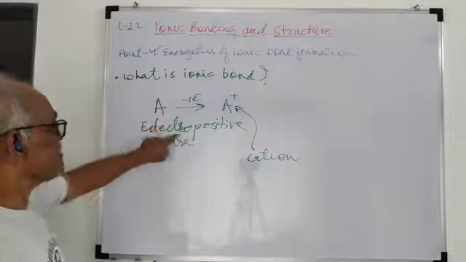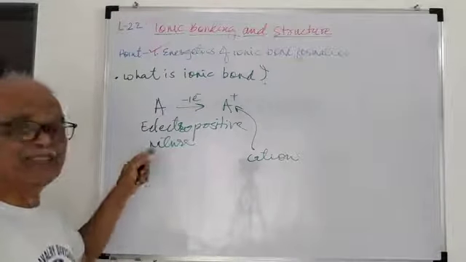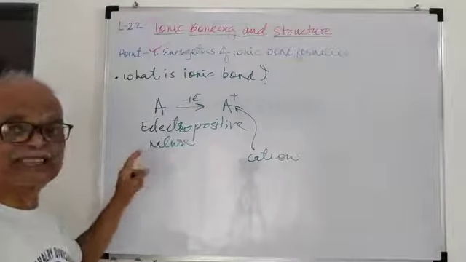So the atom of an electropositive element has a tendency to form a cation by loss of one electron. Such an atom A is one of the important requirements in the formation of an ionic bond.